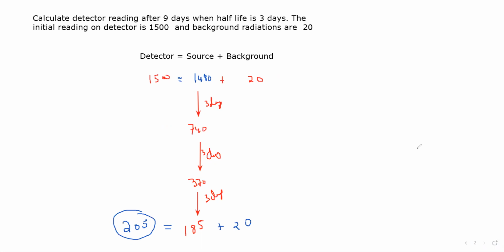One question includes the background radiation and another does not. If it does not include it, we just halve the original value. But if it does, first we find the number of source radiations, and after every half-life, that number will be half of its original value.